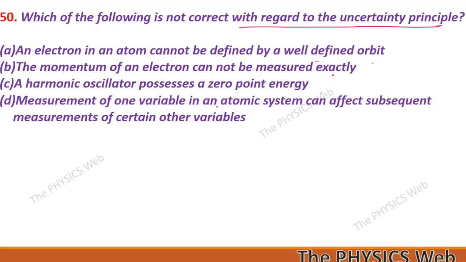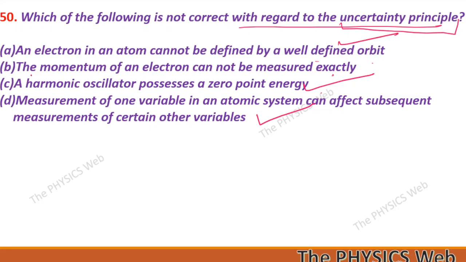Measurement of one variable in an atomic system can affect subsequent measurements of certain other variables. According to the uncertainty principle, measurement of one variable in an atomic system can affect the subsequent measurements of certain other variables. This is correct. And also, the harmonic oscillator possesses zero-point energy. And option A also, an electron in an atom cannot be defined by a well-defined orbit.